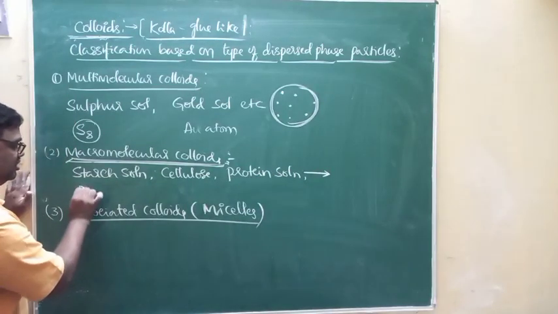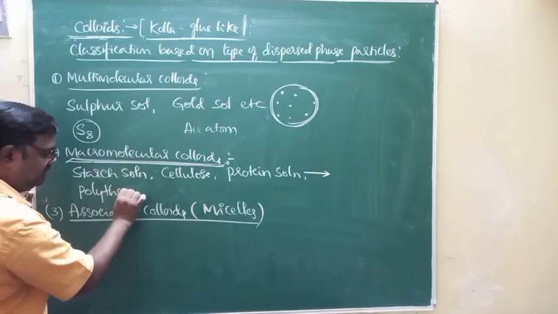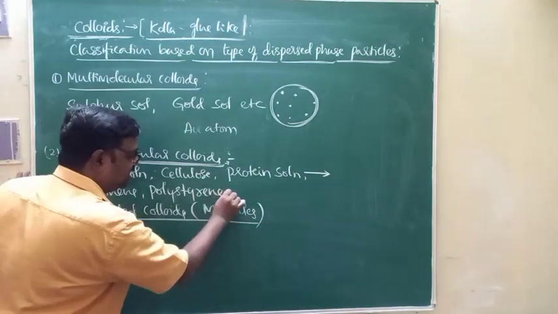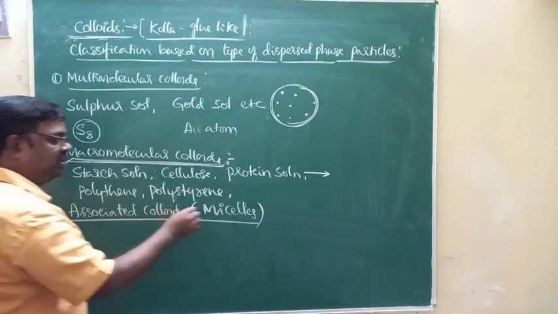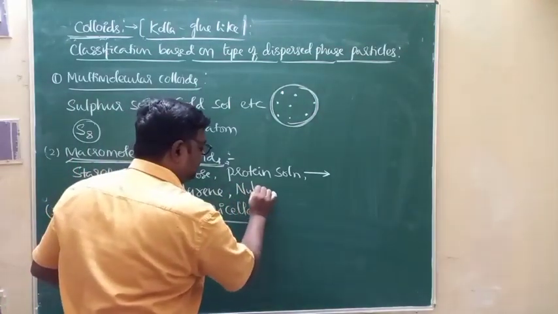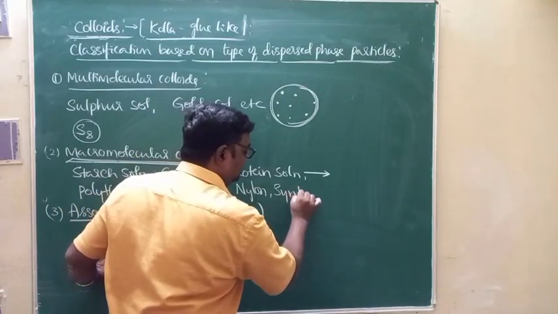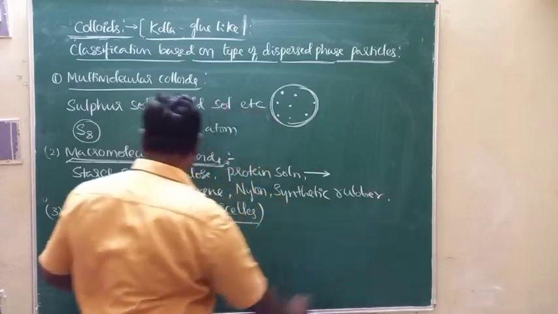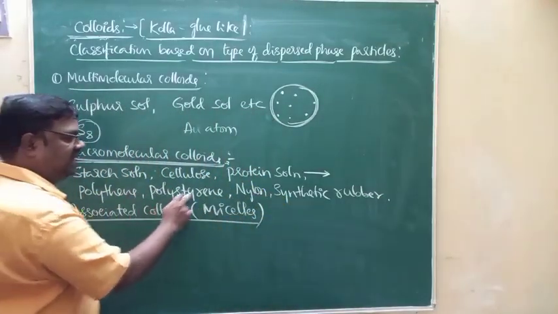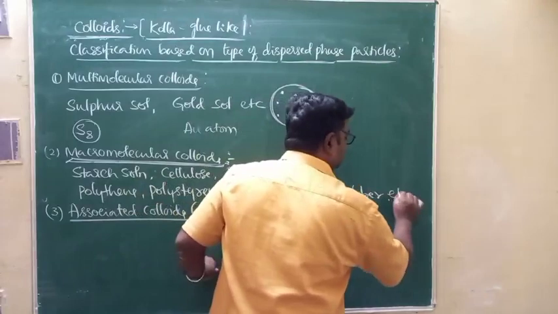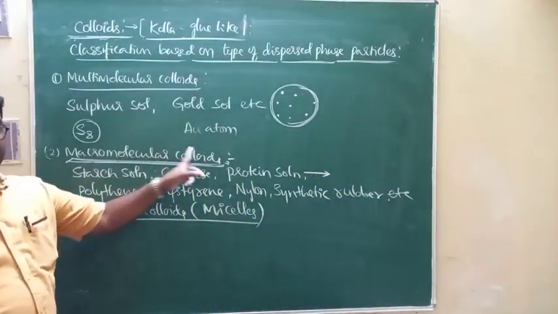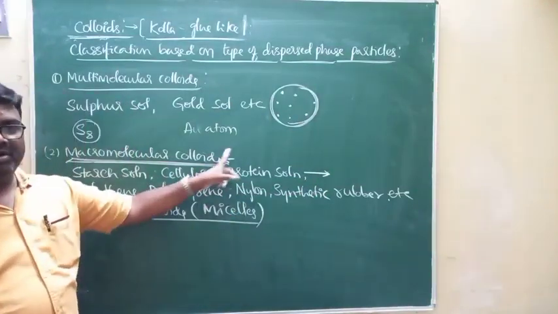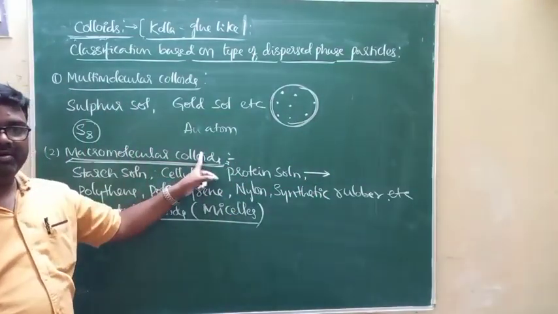Apart from that, solutions of polythene, polystyrene. Polythene is a polymer, polystyrene is also a polymer. Also nylon, or synthetic rubber. The solutions of these polymers, polythene, polystyrene, nylon, synthetic rubber, etc., are all examples of man-made or synthetic macromolecular colloids.